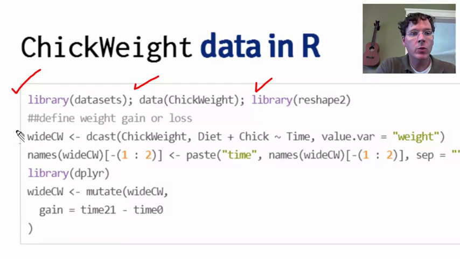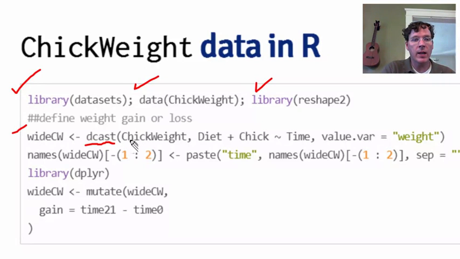The ChickWeight data comes in a long format, so it's the chicks lined up in a long vector. If you want to take that long vector and make it wide, so that there's one column, say, for each time point that we measure the chick, then you want to do something like dcast, which is a function in the reshape package.